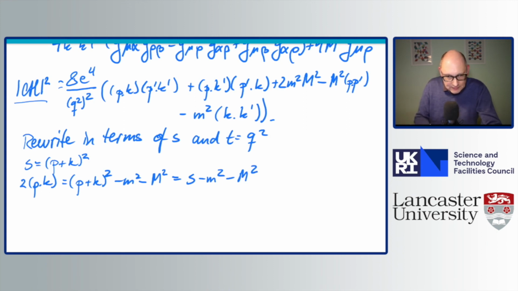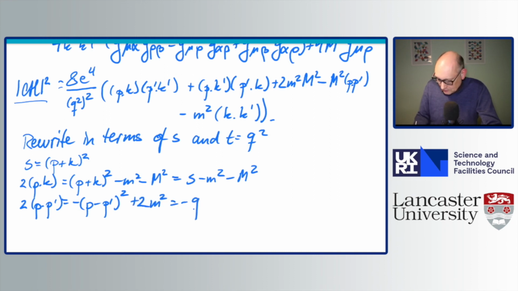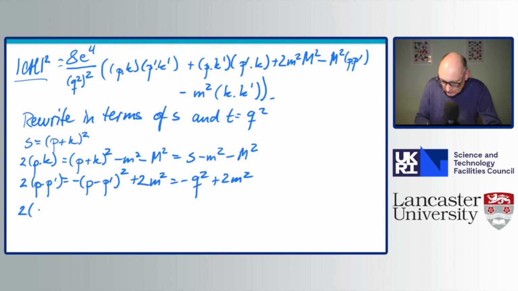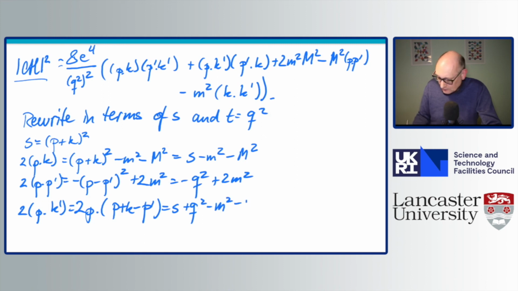One also finds that, for example, 2 p dot p prime is equal to minus p prime squared plus 2m squared, which is minus q squared plus 2m squared, and that 2 p dot k prime can be written as 2 p dot p plus k minus p prime, which is s plus q squared minus m squared minus capital M squared.